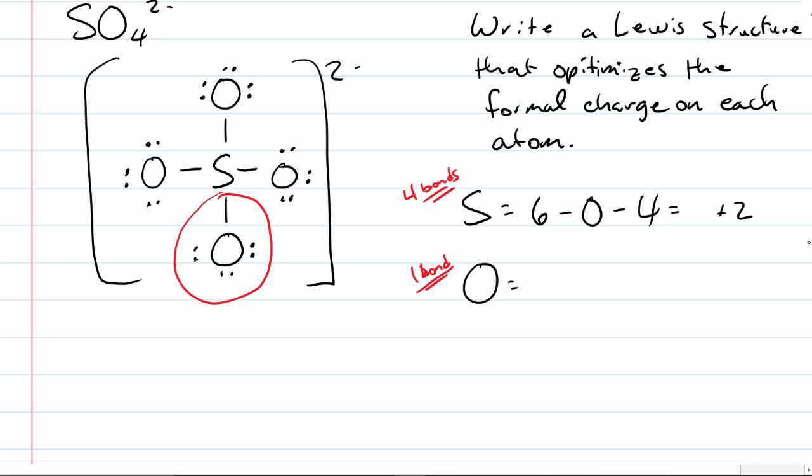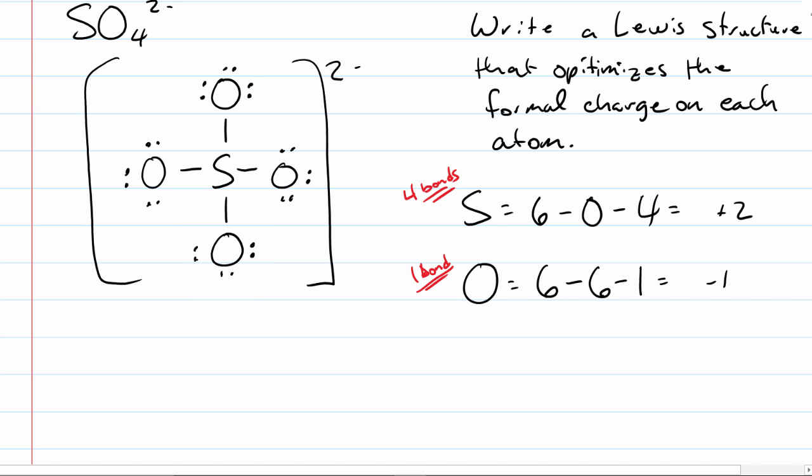A free atom of oxygen has how many valence electrons? 6. Then we subtract the number of lone pair electrons, which in this case is 6. And then we take 1/2 of the bonding electrons. So 1/2 of 2 is 1. So we take 6 minus 6 minus 1, which gives us -1.